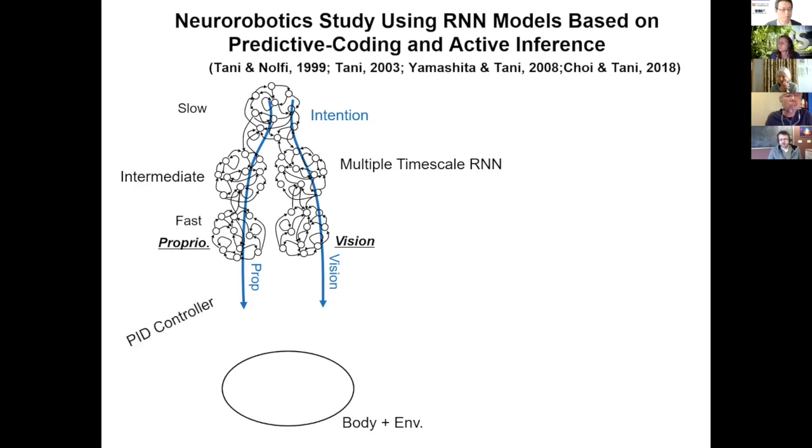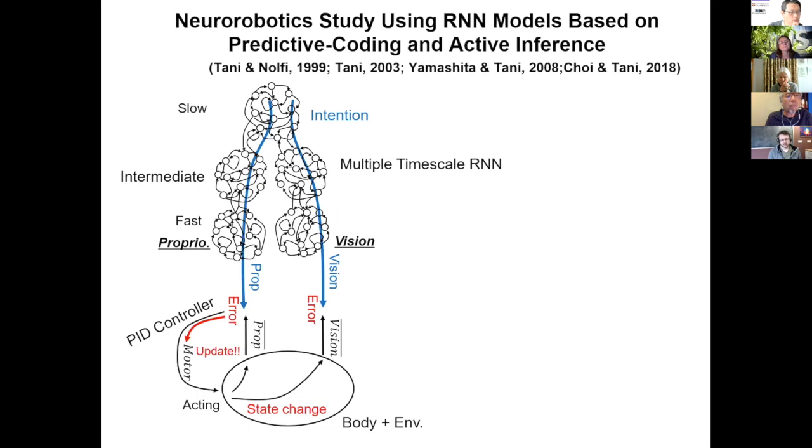That is fed into the PID controller, the motor torque is generated, acting on the environment, and a state change occurs. Then we get proprioception and vision sensation. If there is an error against the prediction, this error is first fed into the PID controller, regulating the motor.